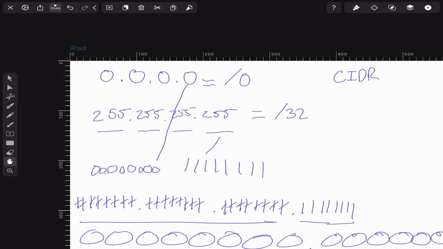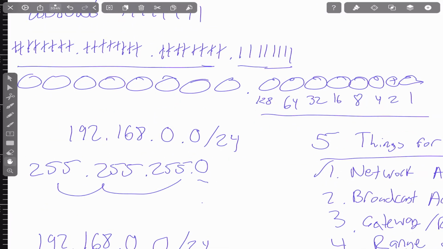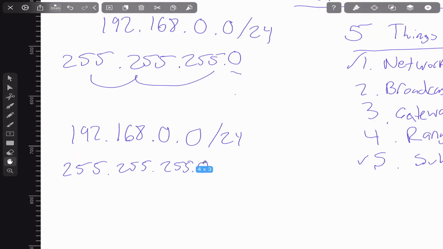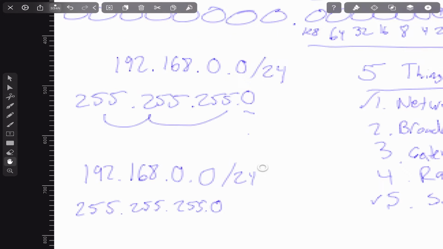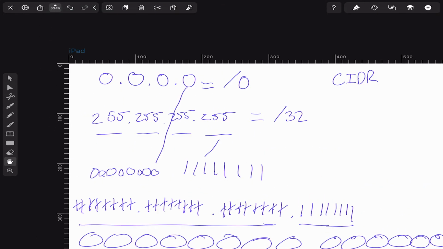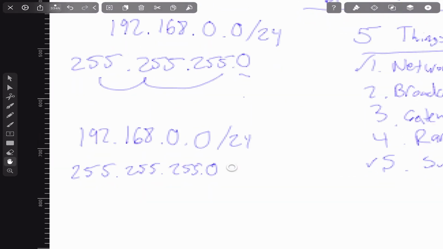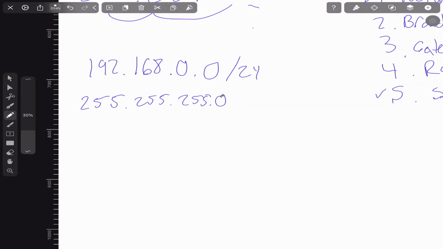Because that /24 is the notation for 255.255.255.0. Very much like 0.0.0.0 is the notation for /0, and 255.255.255.255 is the long notation for /32 in CIDR.